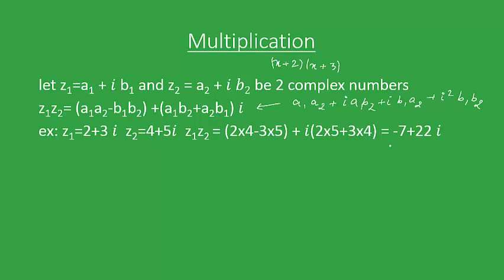So 10 plus 12 yields us 22. It's simple algebra. Just keep in mind this symbol iota and multiply accordingly.